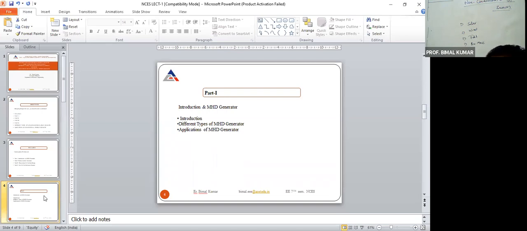First of all, what is the basic difference between the conventional type of generator and this MHD generator? In a conventional generator, we have a solid conductor, whether a single conductor or in the form of a coil, right?